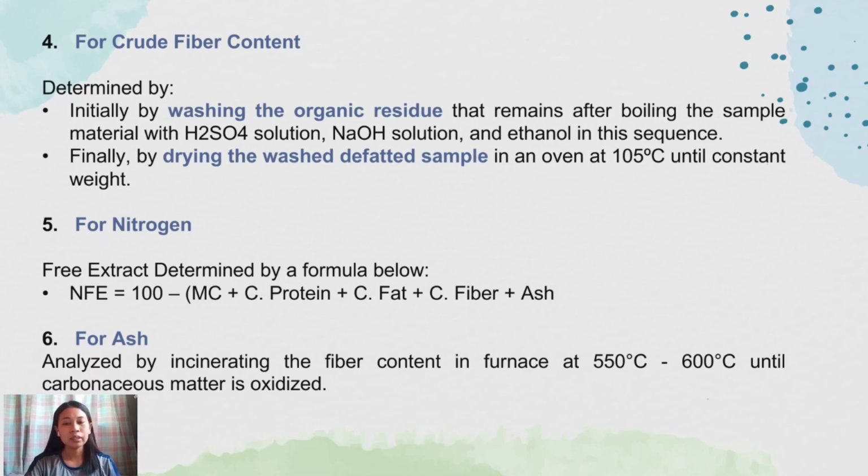Nitrogen free extract is determined by the formula below, as you can see. And ash is analyzed by incinerating the fiber content in a furnace at 550 to 600 degrees Celsius until carbonaceous matter is oxidized.